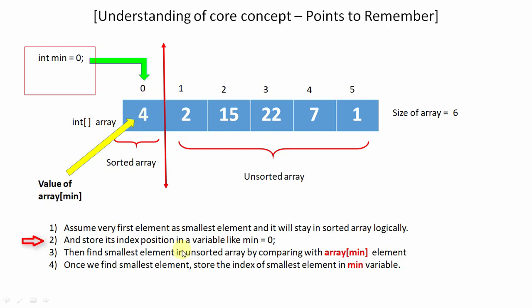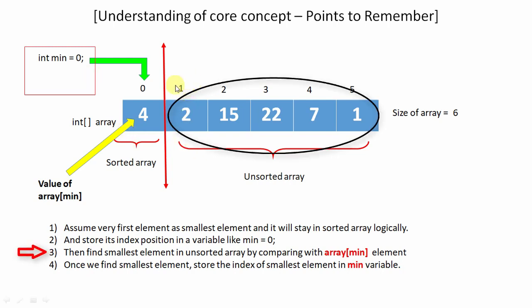And guys, the third point is to find the smallest element in the unsorted array. We have to start from index 1 and look for an element which is smaller as compared to our very first element.